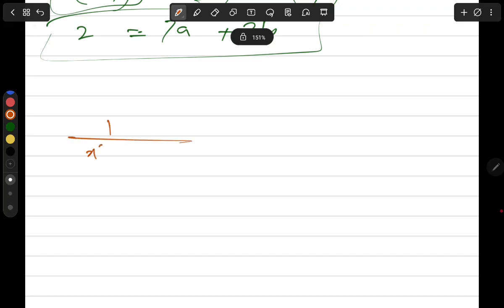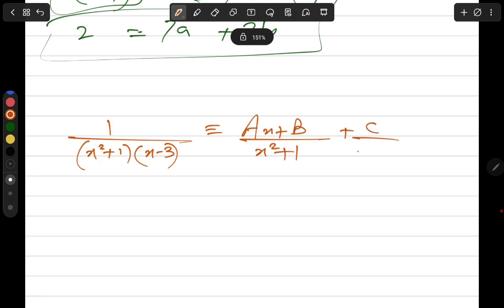for example, what if you have 1 upon x square plus 1, which is a quadratic factor, and x minus 3, right? So how do we decompose it? So this now is going to become ax plus b upon x squared plus 1 plus c upon x minus 3, and we are going to explore how you do that. And then case 4, where you have improper fractions.